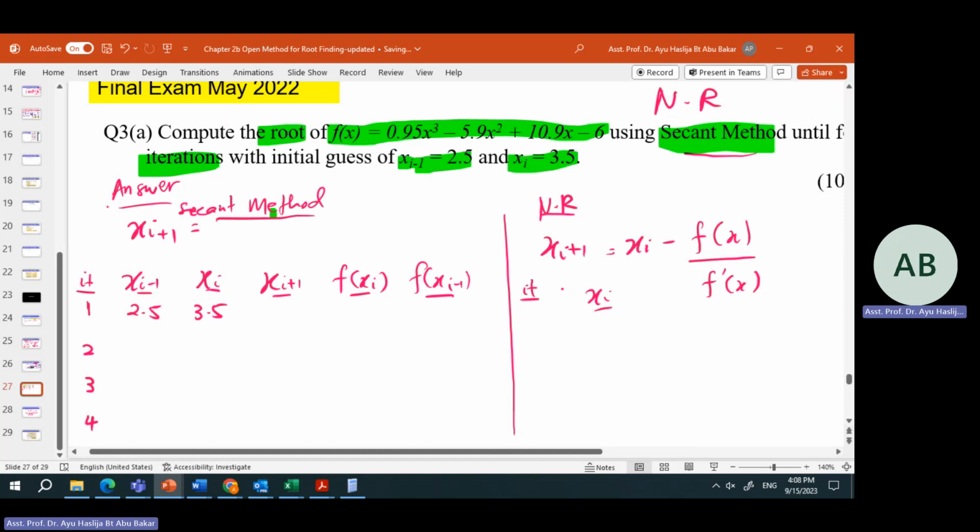For the Newton-Raphson, since it requires only 1 point, you can start with the x_i.